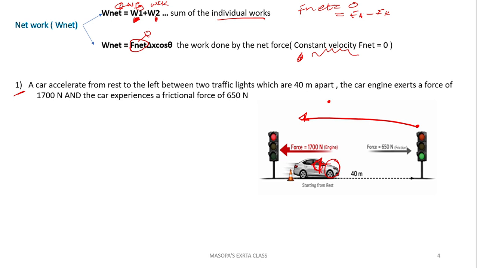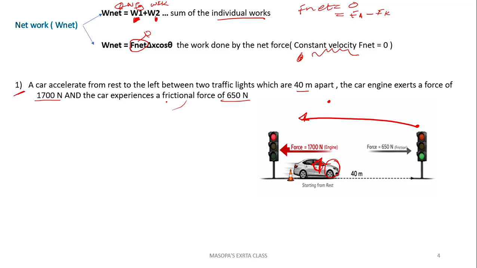Okay, that's fine. Then which are 40 meters apart, the car engine exerts a force of what? 1700 newtons, and the car experiences a frictional force of what? 650 newtons.